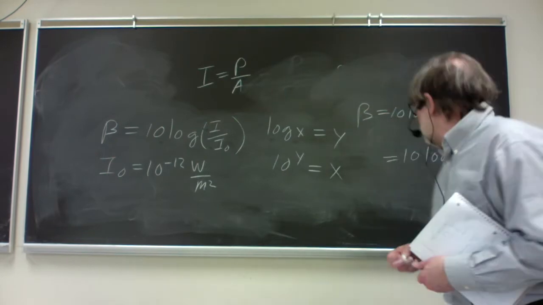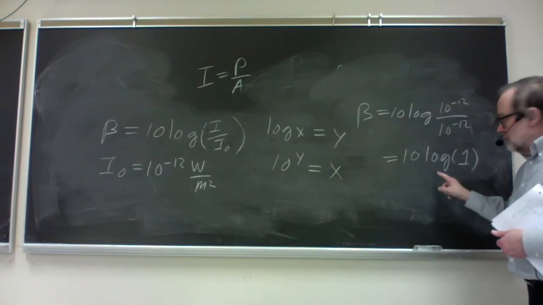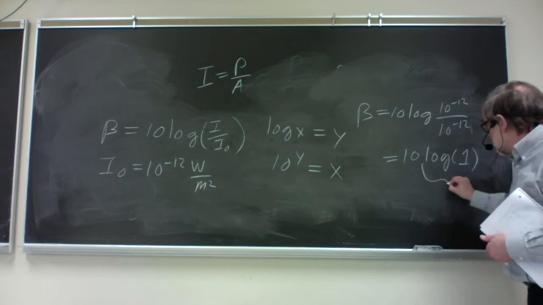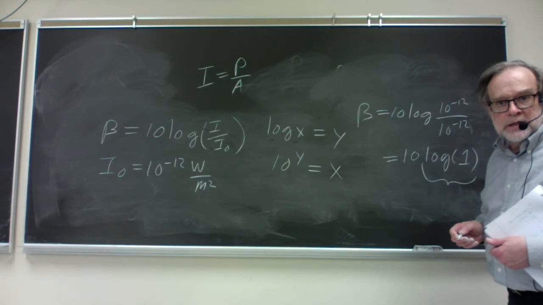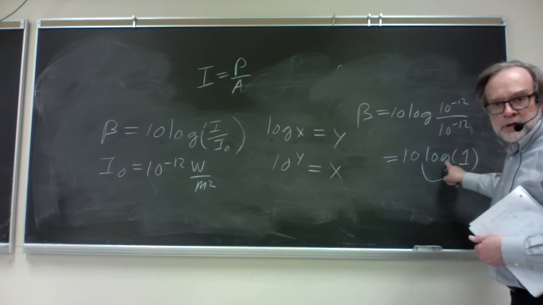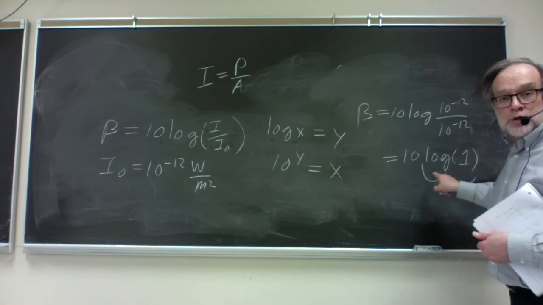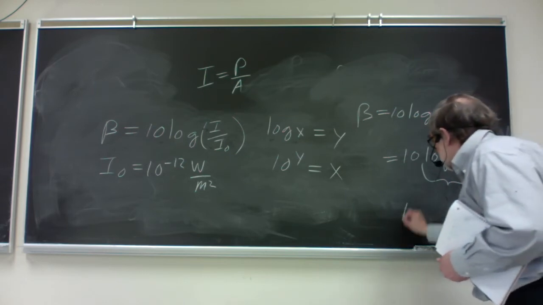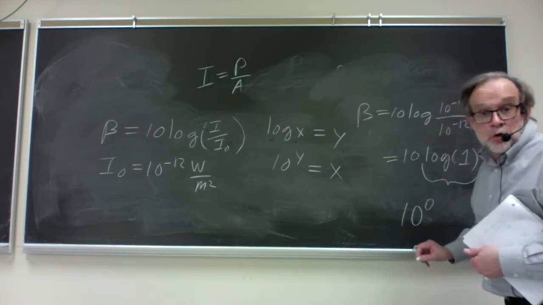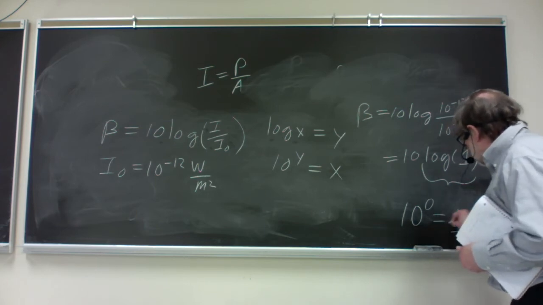And then remember what the log is. This is the exponent to which we raise 10 in order to get whatever is in this slot. So, to what power must we raise 10 in order to get 1? Well, anything to the 0 power turns out to be 1.